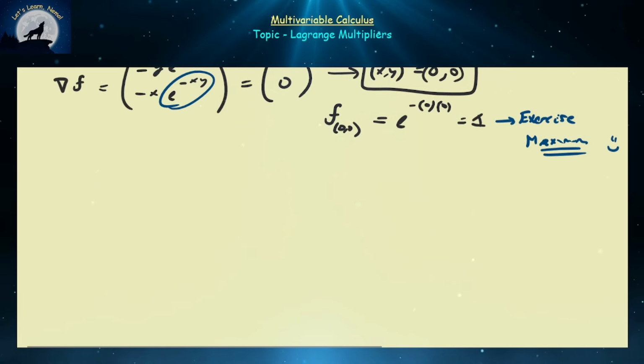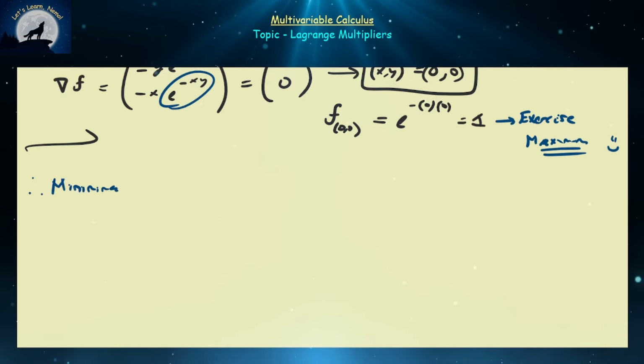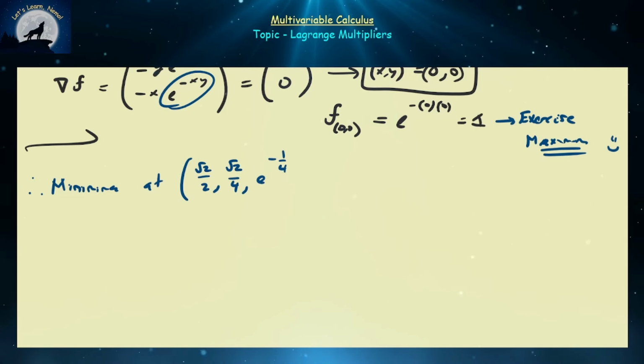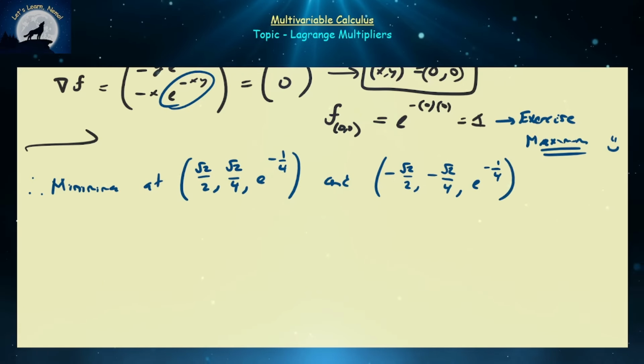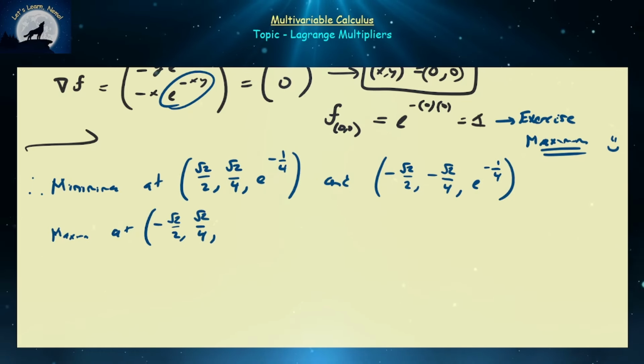So what we have here is two minima, two maxima along the boundary, and we have a maxima on the interior of our contour. So let's just summarize everything here. So we have a minima, so the function has minima at root 2 over 2, root 2 over 4, e to the minus 1 over 4, and minus root 2 over 2, minus root 2 over 4, e to the minus 1 over 4. And we have a maxima at minus root 2 over 2, positive root 2 over 4, e to the positive 1/4.